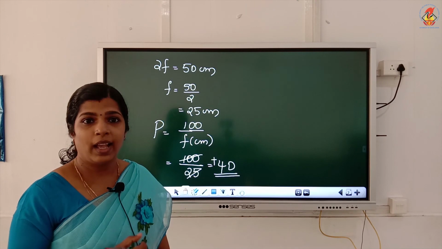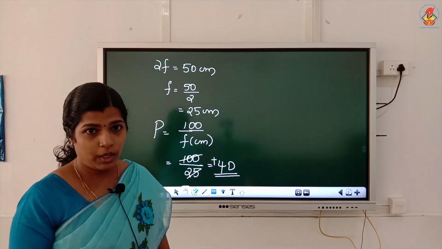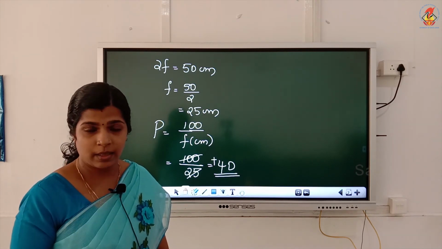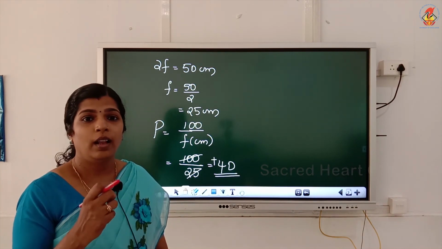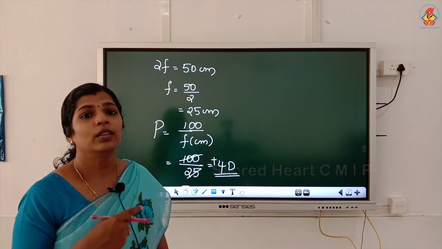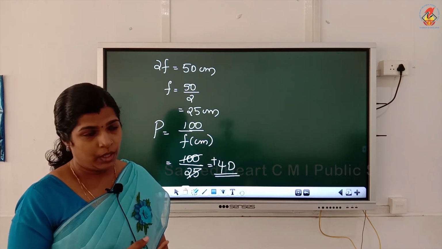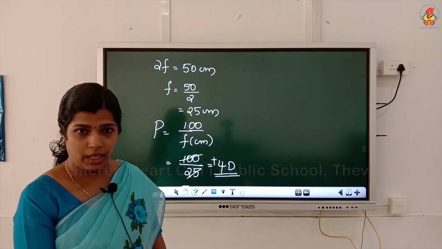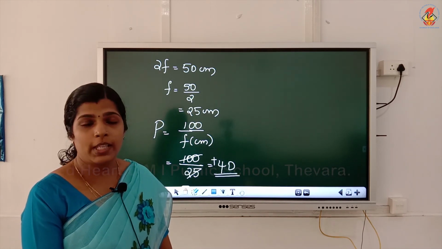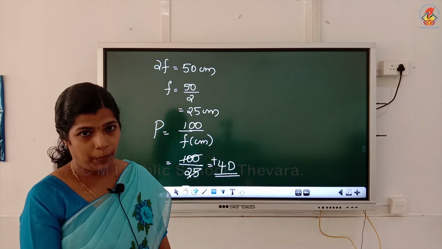Thin lens will have more focal length and less power. Thick lens will have less focal length and more power. The equation is P equal to 1 by f. Diopter is the SI unit of power.